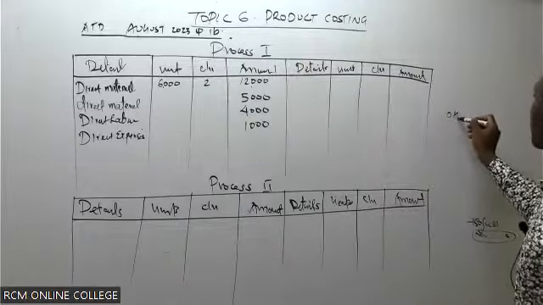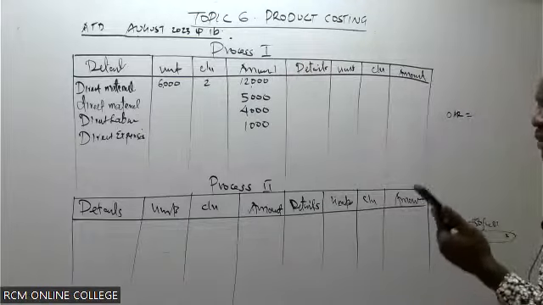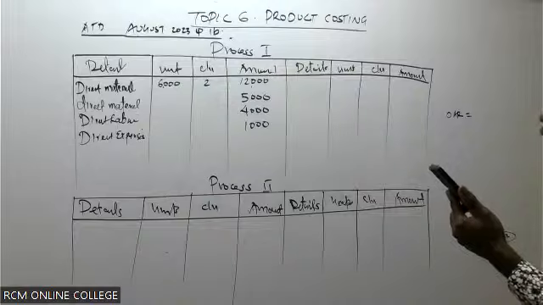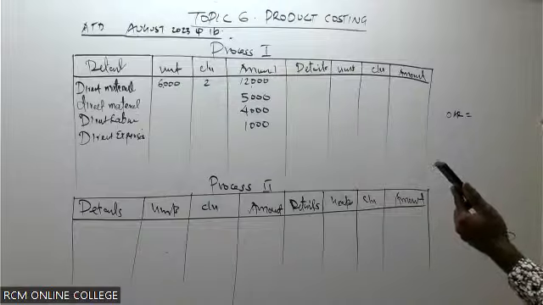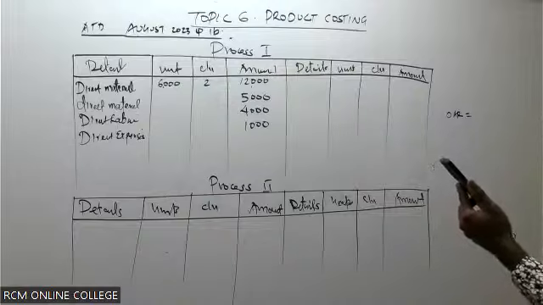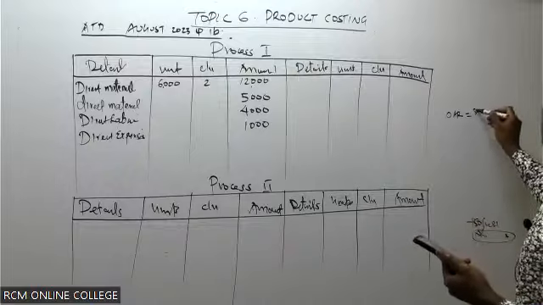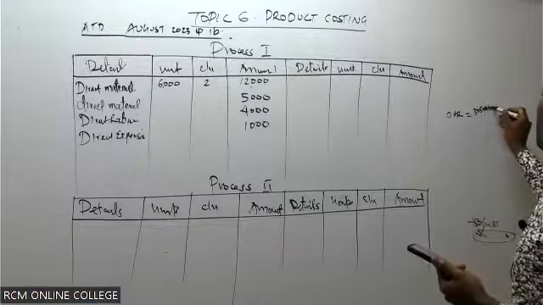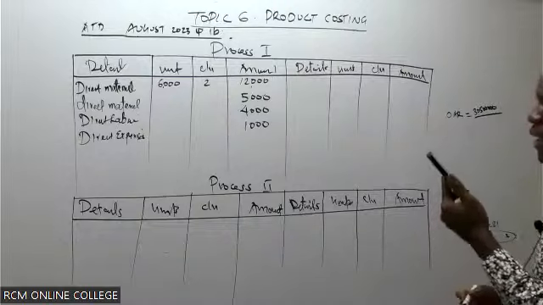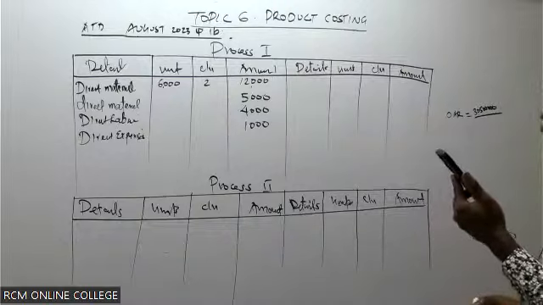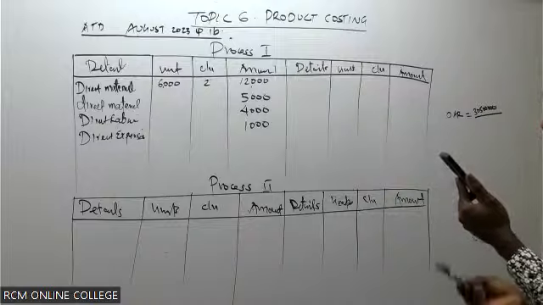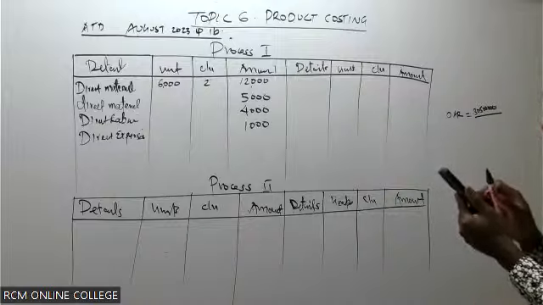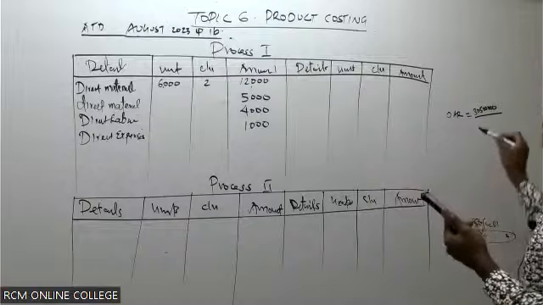Overhead absorption rate is equivalent to budgeted overheads. Budgeted production overheads for the week is 500,000. We divide by budgeted activity level, which is direct labor wages. So the direct labor wages here budgeted is 200,000.